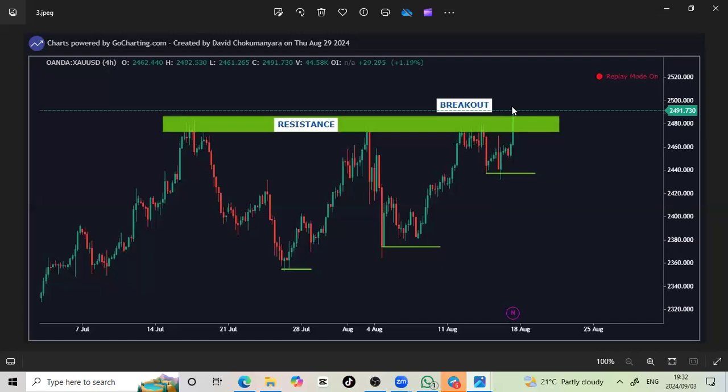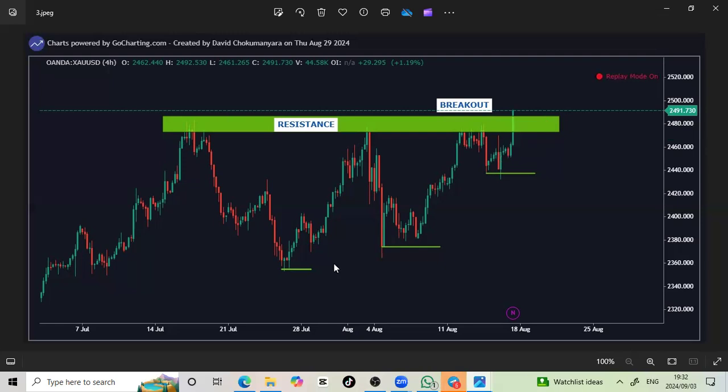There is a mistake that most traders normally make. When this happens, they immediately take a trade. But sometimes this breakout can be a fake out, and you end up thinking that price action doesn't work. So we can see price with a strong bullish candle that closes above the resistance. That's one.